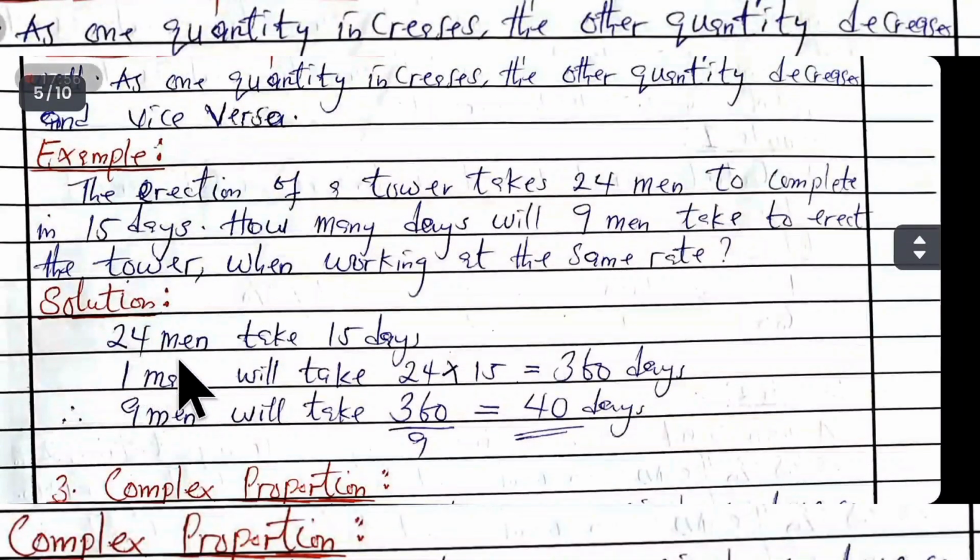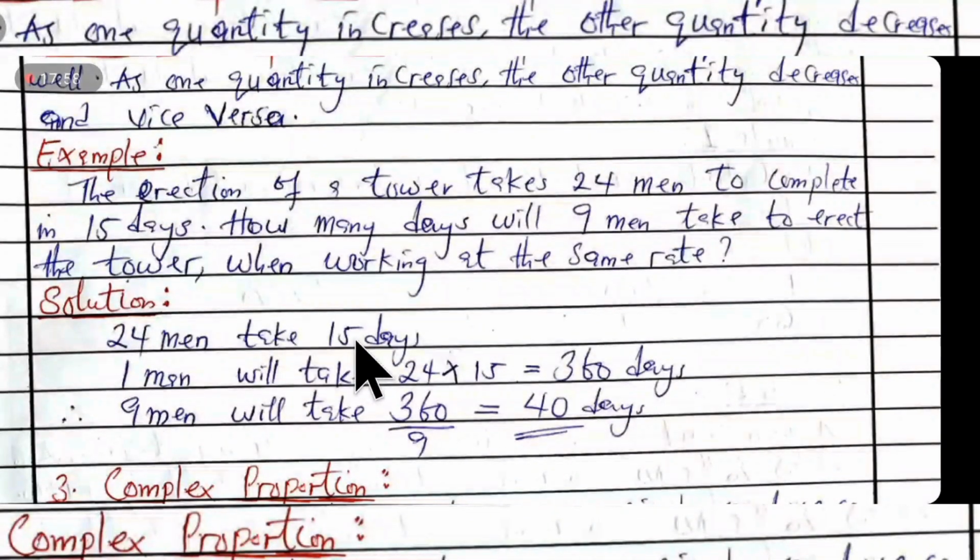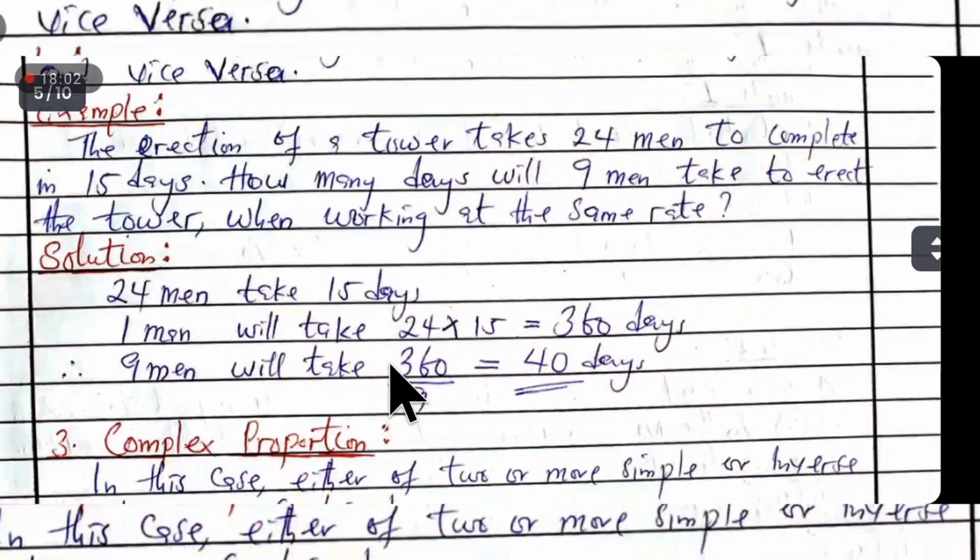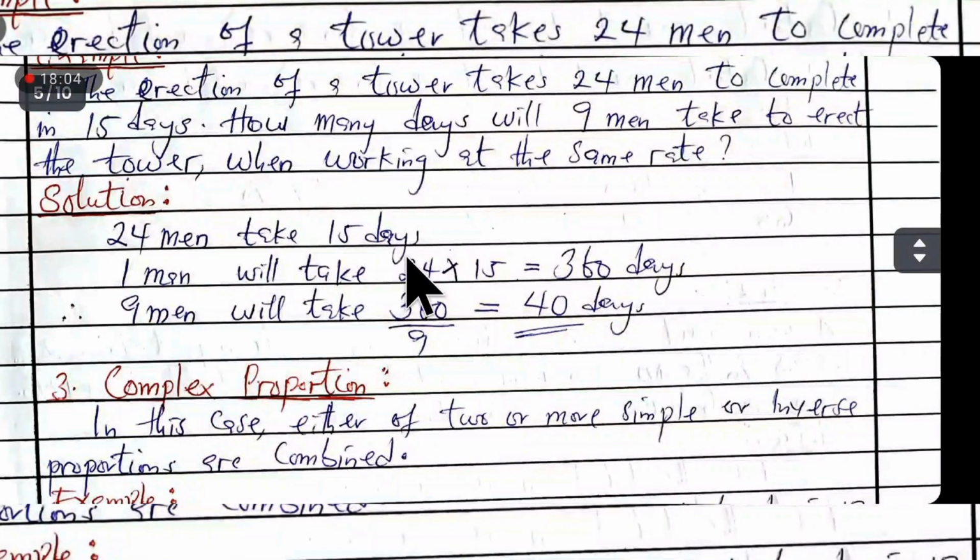Now we say 24 men took 15 days. If 24 men took 15 days, one man will take how many days? One man will take 24 times 15, and that will be 360 days.